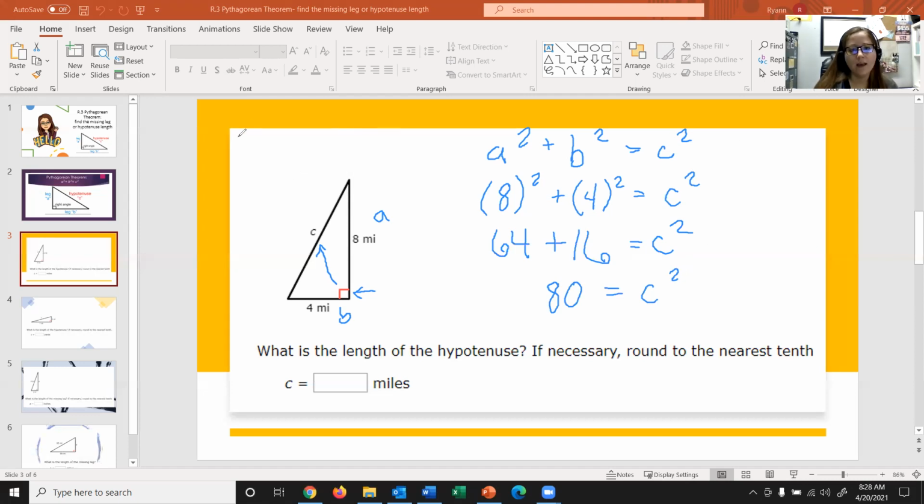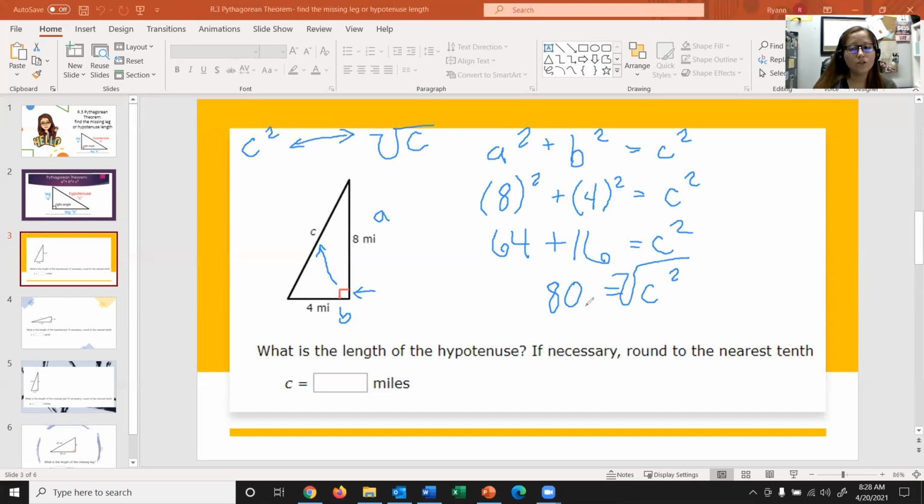Anytime you have a number or a variable that you're squaring and you want to get rid of that exponent, the inverse operation is going to be to find the square root of that. So in this case, we want to get rid of the exponent that's with C to leave C by itself. So we're going to find the square root of this side.